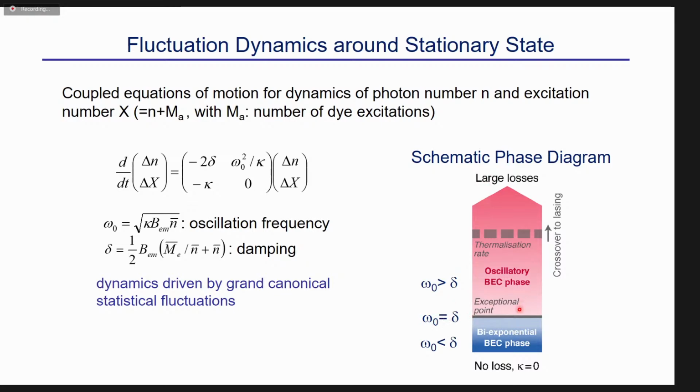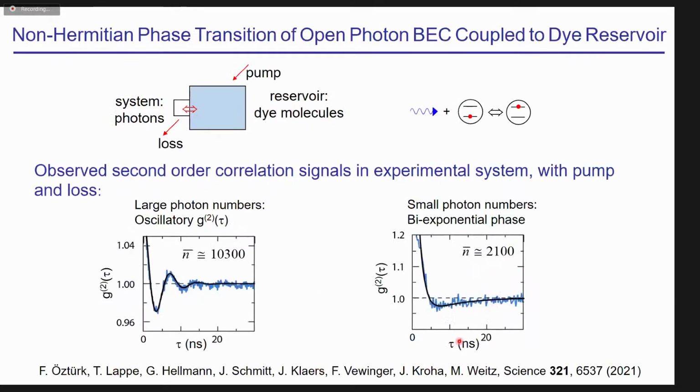That's the theoretical phase diagram. If the damping equals the oscillation frequency, and if the oscillation frequency is larger, then we are in the oscillatory BEC phase. I showed you one example already. Whereas if it's smaller, then we are in the bi-exponential phase, and we can tune this by tuning the loss and the average quantum numbers.